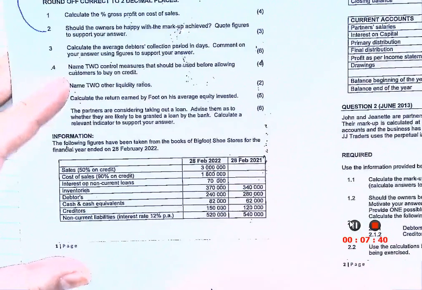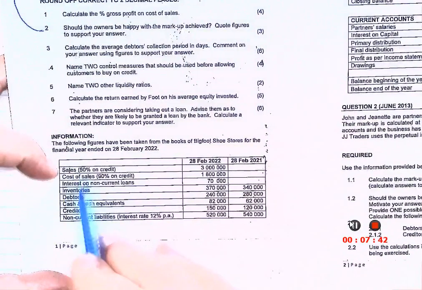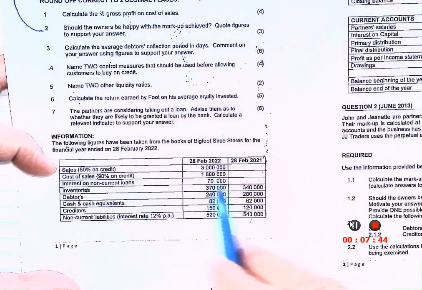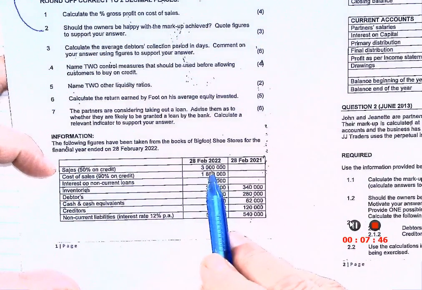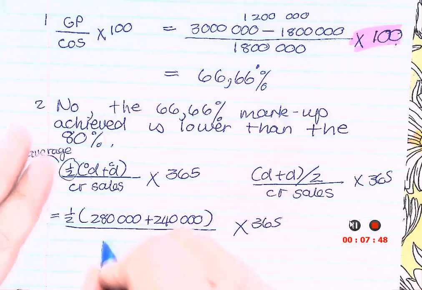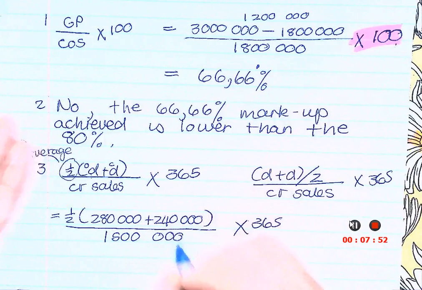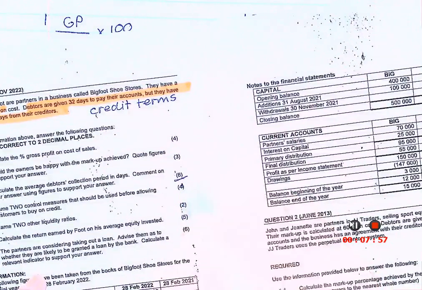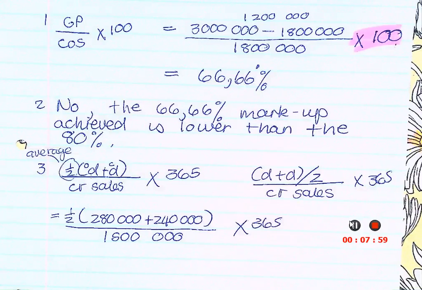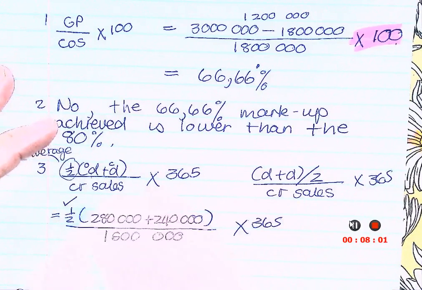They tell me sales, 50% is on credit, so that would be 1.5 million. Okay. And can you see here? It counts 6 marks because they mark it like this. 1 point for that half or the divided 2.